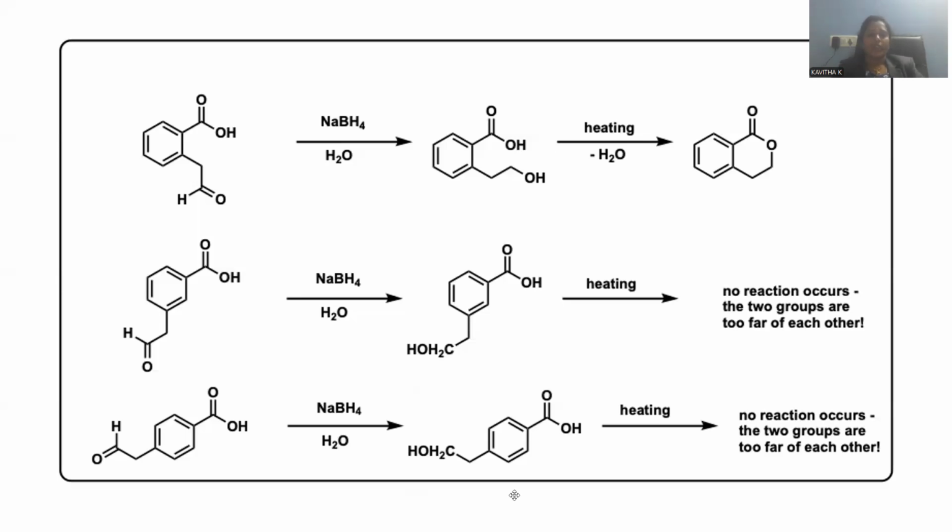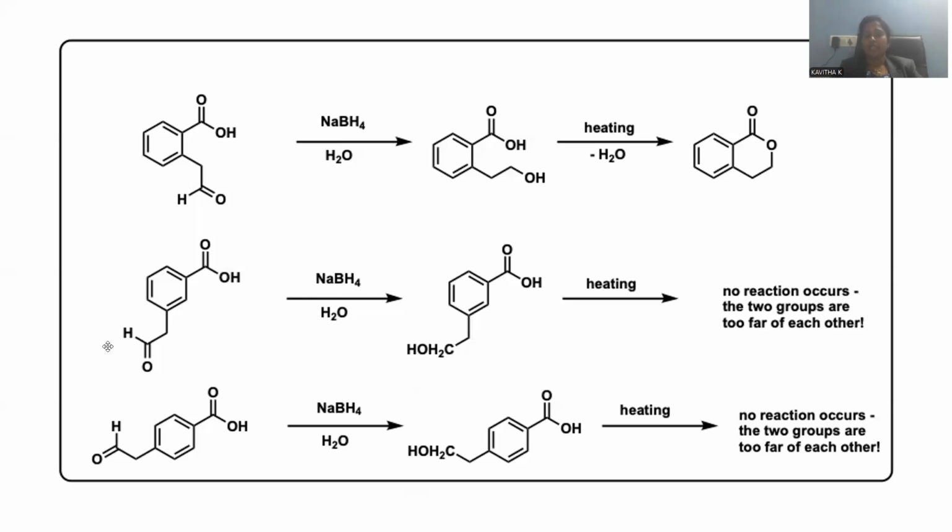Okay. Another compound I'm taking has a carboxylic acid and an aldehyde. But the thing is, both the functional groups are not in a synchronized form. The orientation is not suitable for the removal of a water molecule, as it is somewhat away from the carboxylic acid. So aqueous sodium borohydride is added.